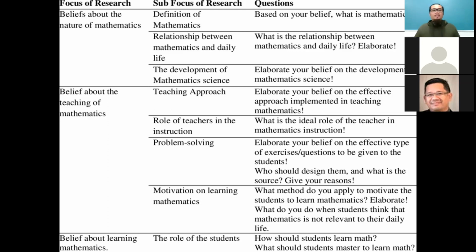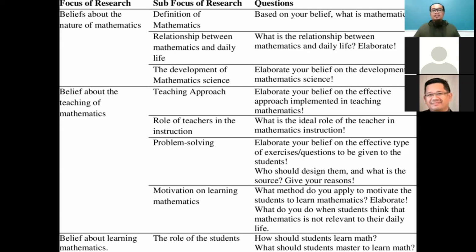Next, the second one is about beliefs about the teaching of mathematics. We have four areas: teaching approach, role of teachers in the instruction, problem solving, and motivation on learning mathematics. For teaching approach: elaborate your belief on the effective approach to implement the teaching of mathematics.